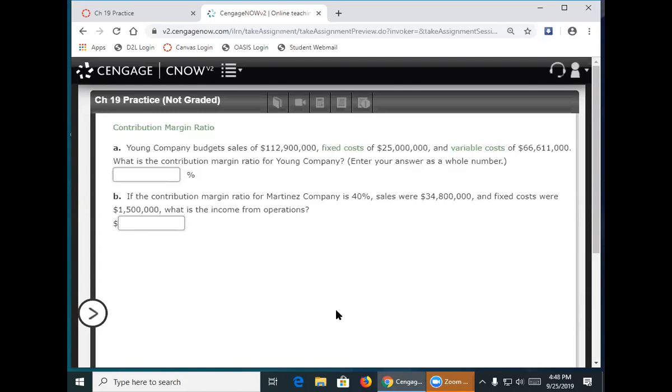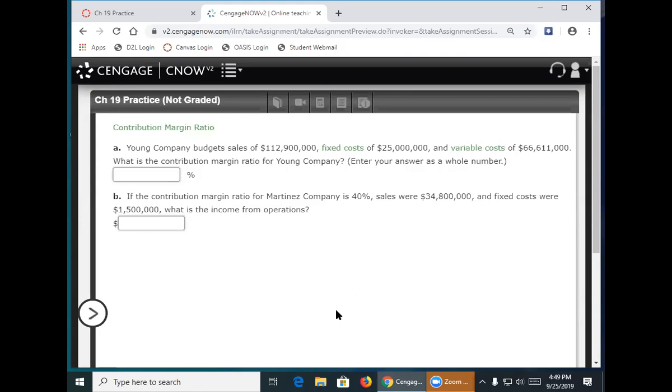So this is just a different way. Your income is the same, regardless of how we calculate it. That lets you know why it's important to calculate. And when we move into next chapter, we'll still focus on the difference between the two costing scenarios. But this one, we're going to calculate contribution margin ratios.